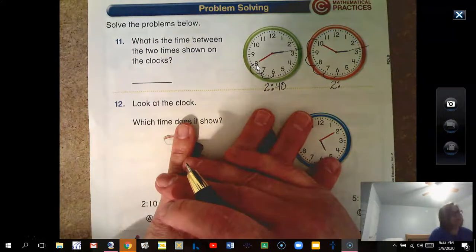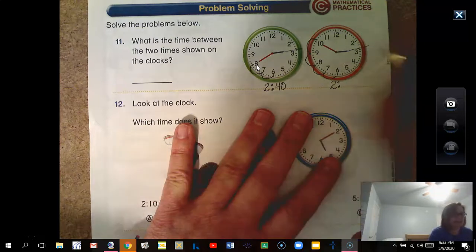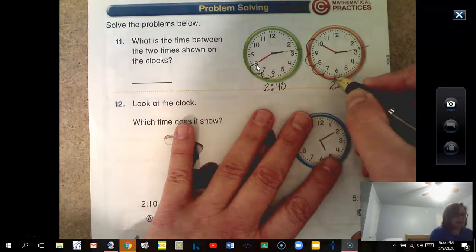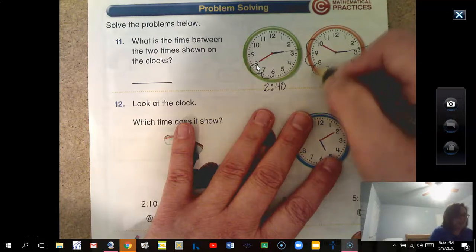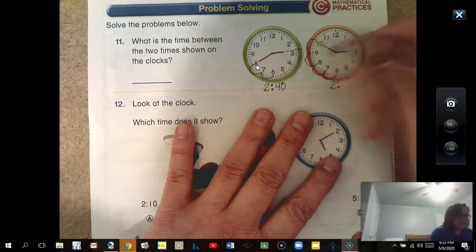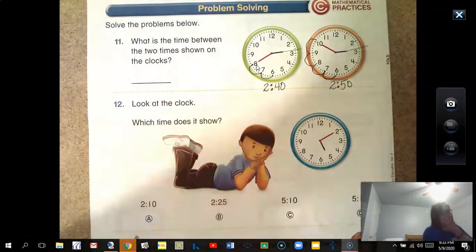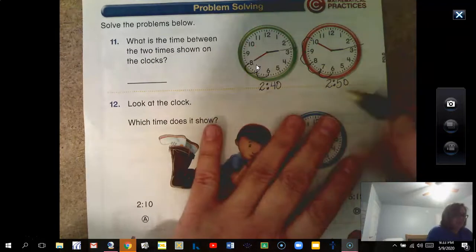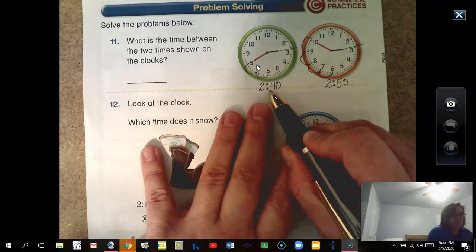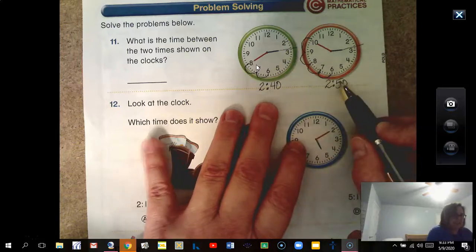I'm counting by 5s as if I was at o'clock. Let's start again. I'm sorry. 30, 35, 40, 45, 50. Sorry, you guys. I'm actually recording this late at night. So we have 2:40 and then 2:50.